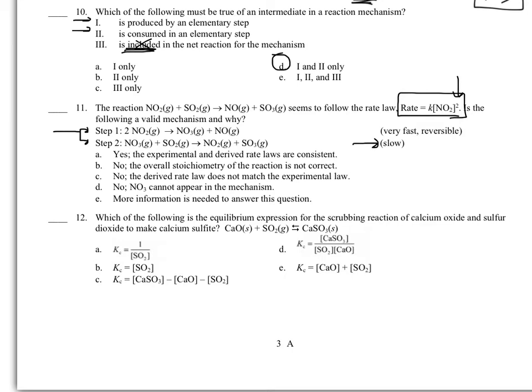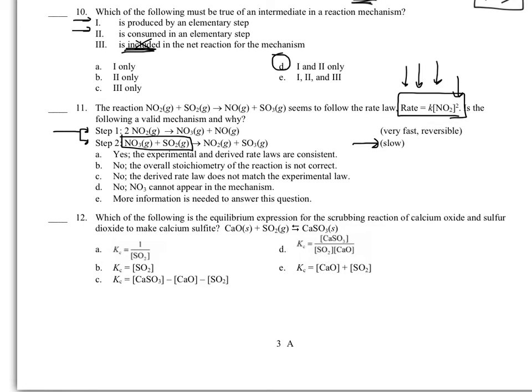And so when we are evaluating whether a mechanism is valid or not, we look to the rate determining step. And so the rate determining step must be represented in the rate law. And the rate determining step is the slow step, and the slow step has two reactants, NO3 and SO2. There is no SO2 in the rate law that has been proposed here.